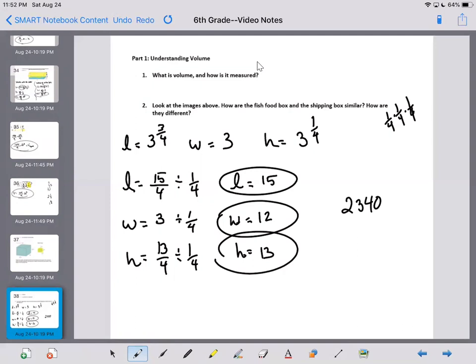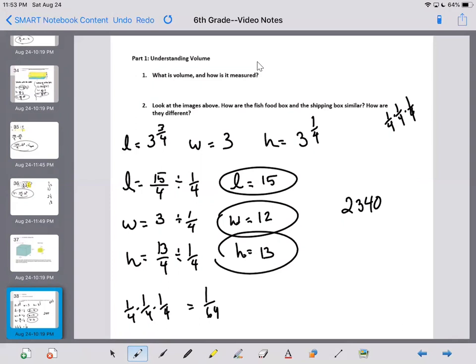But we also have the volume of the smaller cube. So what we've got is 1/64. 1/64 cubic feet would be the volume of the fish food.